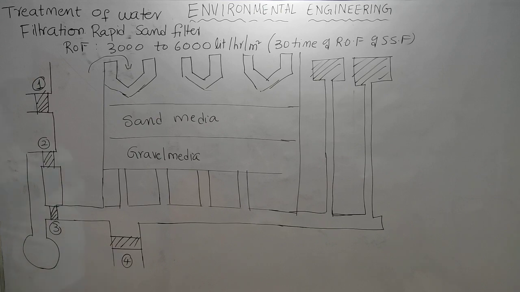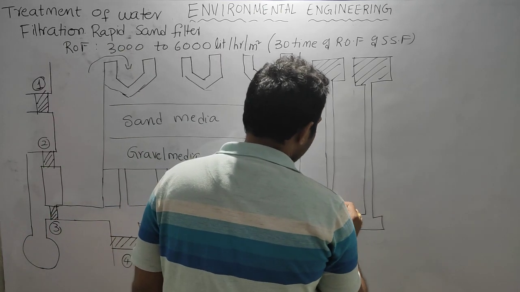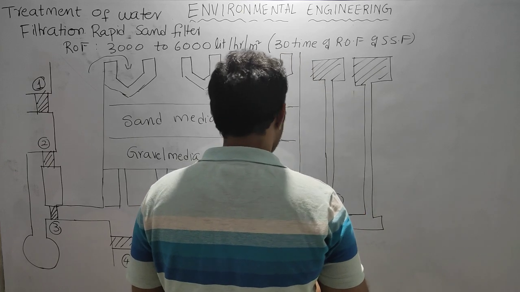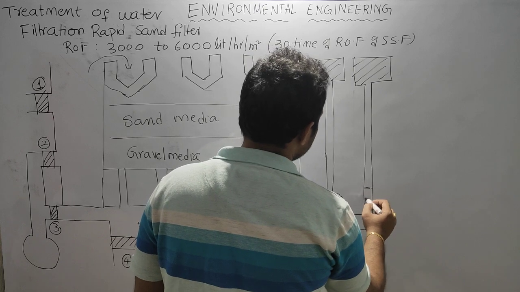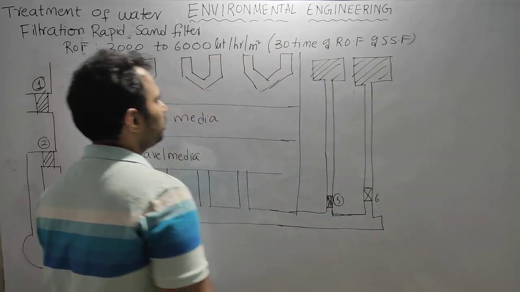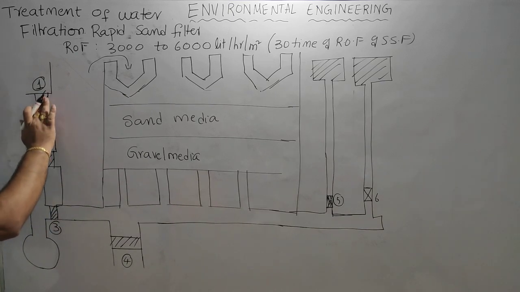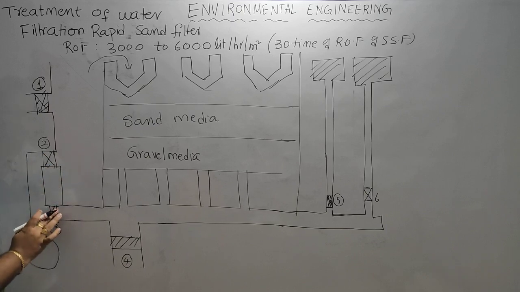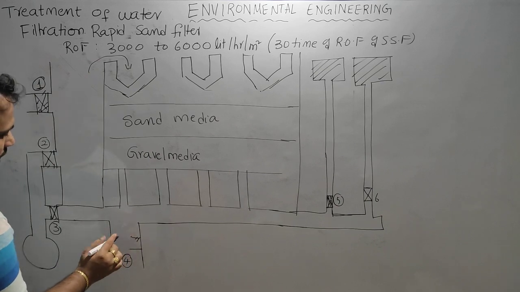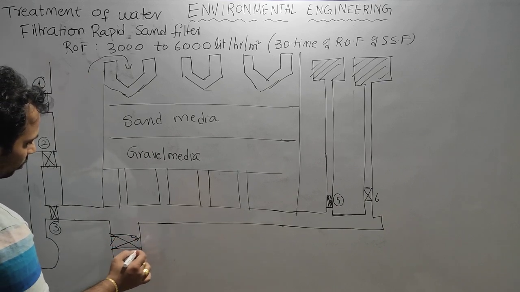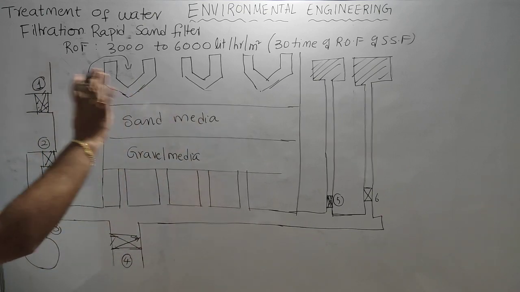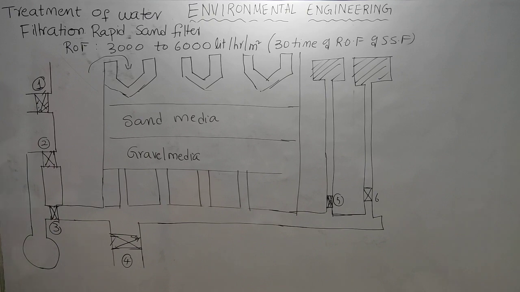And this is valve number 5. And here this is valve number 6. We indicate valve like a cross symbol. So valve 1, valve 2, valve 3, valve 4, valve 5, valve 6. There are 6 valves here.